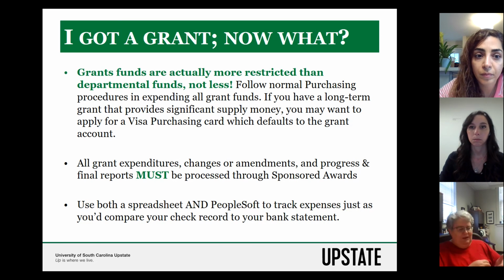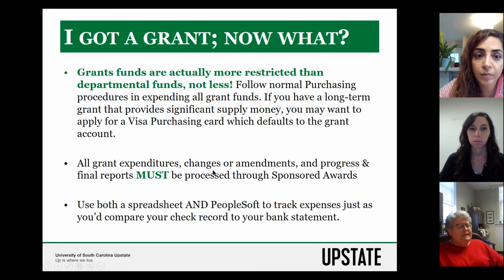How did we spend that money? We have to document everything for the grantor so that we can report back to them and say, yes, we spent this much on personnel, we spent this much on supplies. We have to be able to document all of that. So having that paper trail of going through the university purchasing system, charging the expenditures to the grant account, that's how we do all of that.